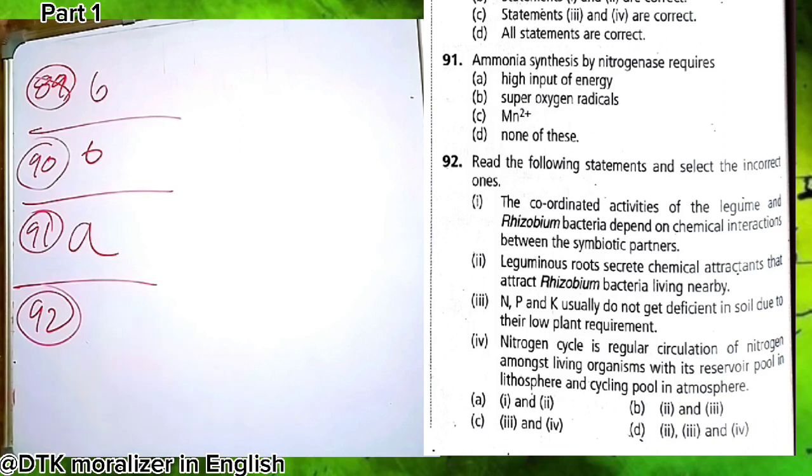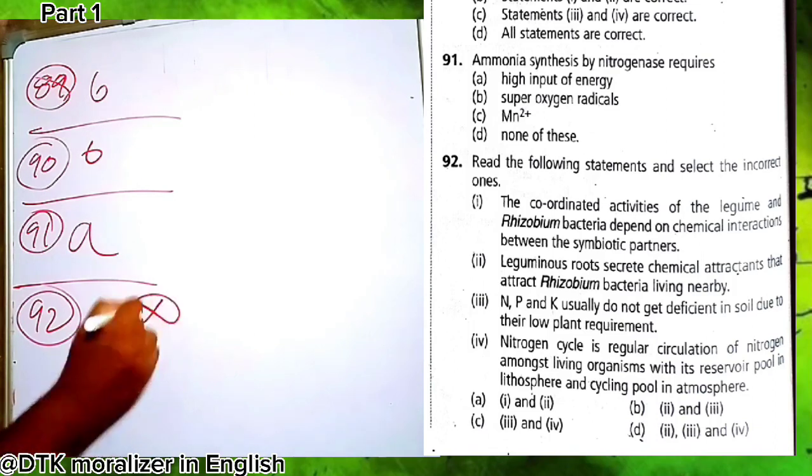Nitrogen cycle is regular circulation of nitrogen amongst living organisms with reservoir pool of lithosphere and cycling pool of atmosphere. No, reservoir pool in atmosphere, cycling in lithosphere. So 3 and 4 are wrong. So here incorrect options, right? So option C, 3 and 4 are wrong.